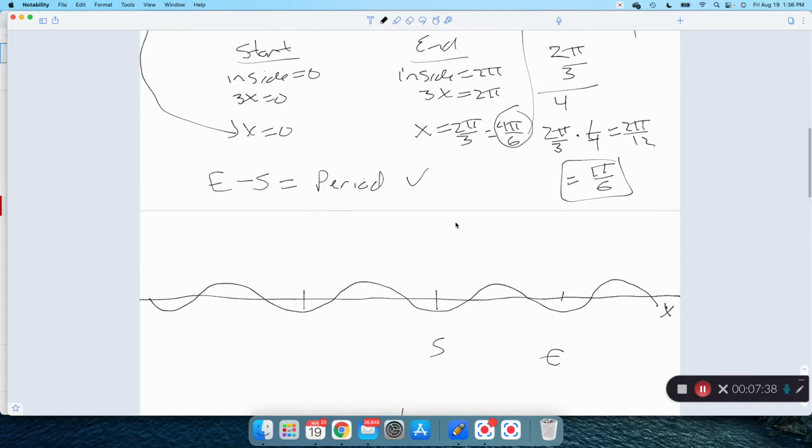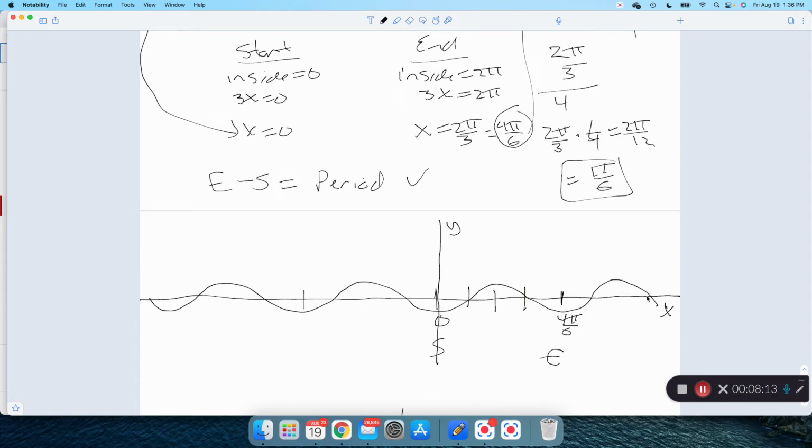I know how to label those. 0 and 4 pi over 6. Wait, 0, that's something special. X equals 0 is the y-axis. There's my y-axis. And now I just count. Remember, in every period, like in this region here, I'm counting 4 spots: the trough, an intercept, a crest, and the next intercept.